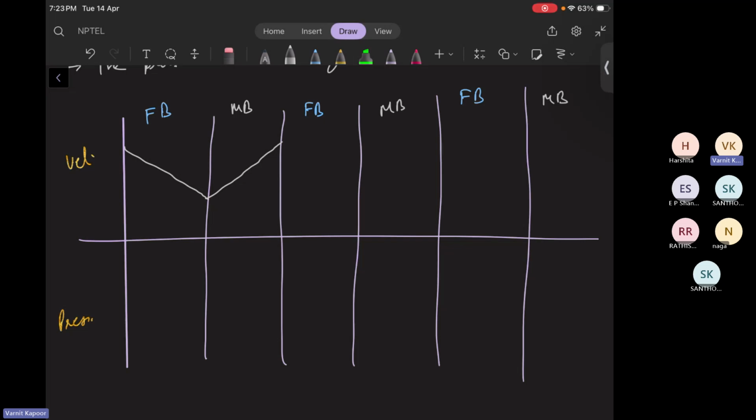So pressure increased in the fixed stage as well as the moving stage. Again, in the fixed stage velocity decreased, in the moving stage velocity increased. But the pressure is continuously rising in all the stages. Let me draw the pressure line once again. The pressure is continuously increasing.